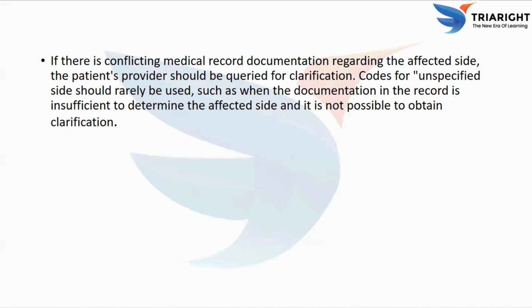Unspecified side codes should be used only when the documentation does not clearly identify the side and it is not possible to get clarification from the provider. So whenever you have a doubt or confusion, always confirm the correct side with the provider. You should use the unspecified side codes only as a last resort when clarification cannot be obtained. So this is about laterality.